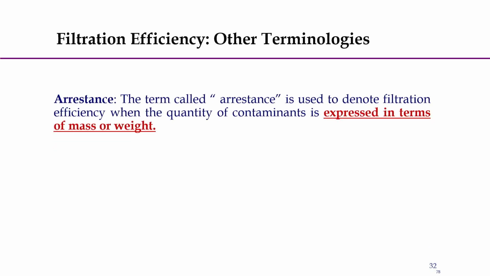The filtration efficiency can be expressed in other terms also, which is known as arrestance. Arrestance is used to denote the filtration efficiency when the quantity of contaminants is expressed in terms of mass or weight.